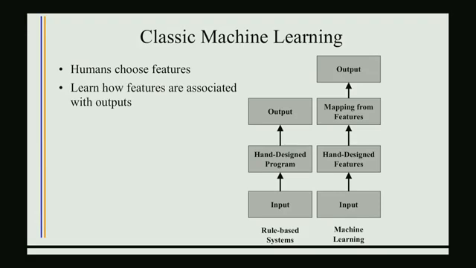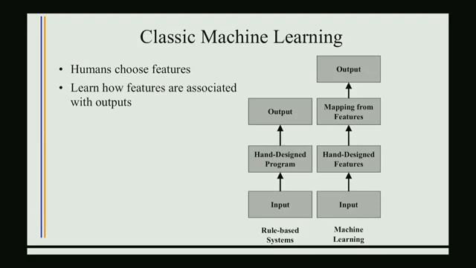What we'll then show you is that there's another column here called deep learning that's actually different than machine learning. It's an evolution of machine learning where we don't worry so much about those features. We let the system find those features and normalize, remap those features so that we can do even better on the output.